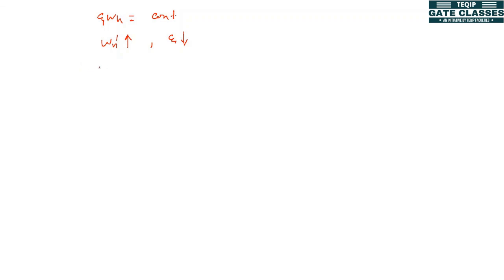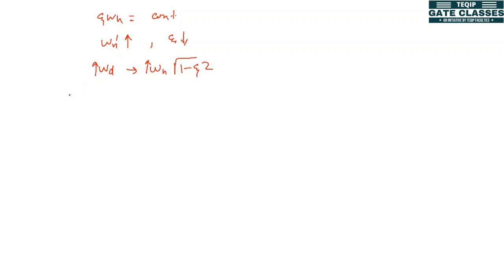What about omega d? Omega d is called the damping frequency. Omega d is basically omega n under root 1 minus zeta square. If omega n increases, omega d will also increase.